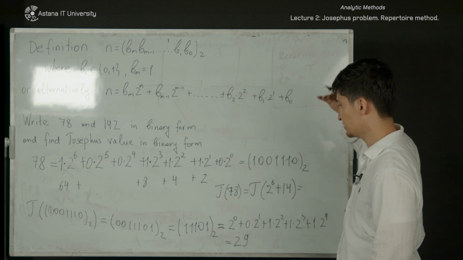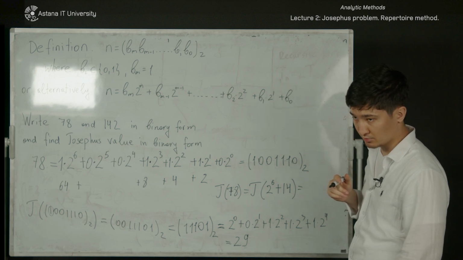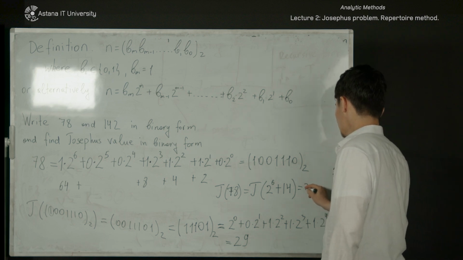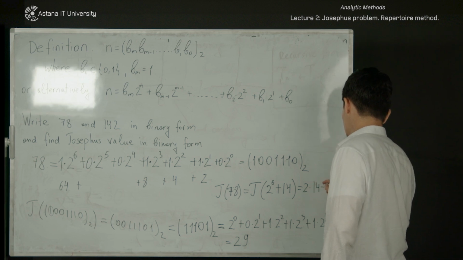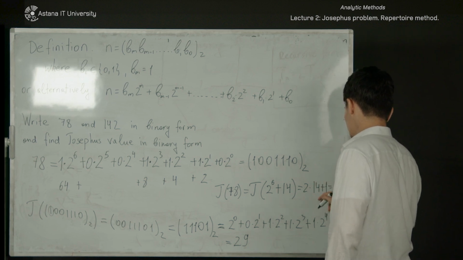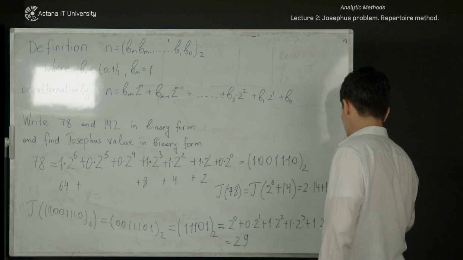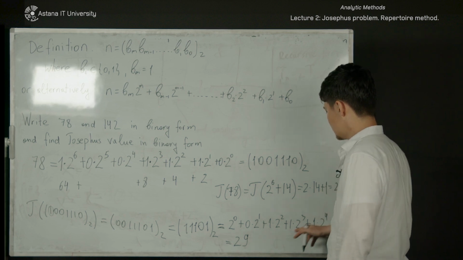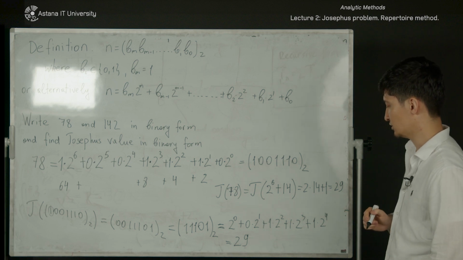By the theorem of Josephus's number in closed form, this will be 2 times 14 plus 1. So this is 28 plus 1, which gives us 29. Exactly what we got over here.